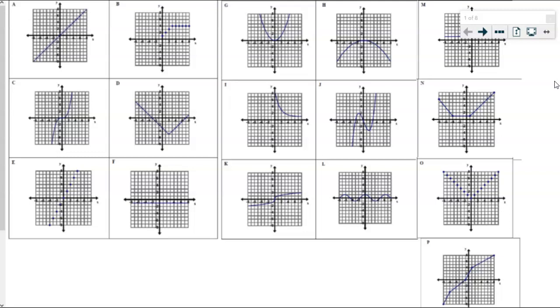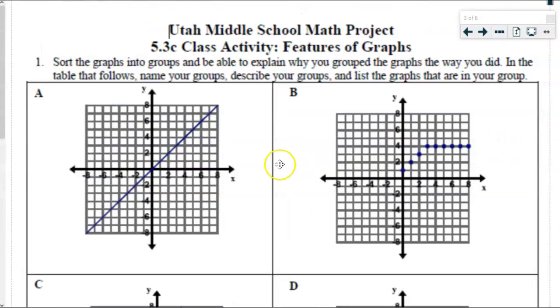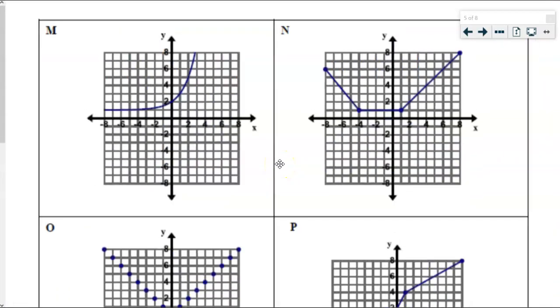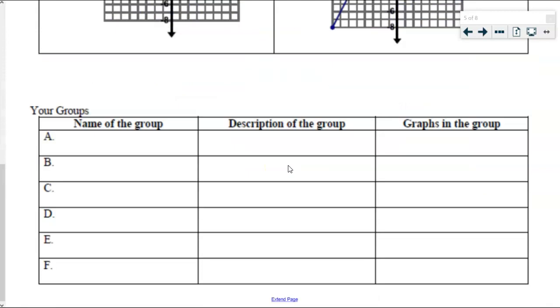I'll wait. You might have 2 groups, you might have 10 groups. That is up to you and your group, how you decide to sort them. Once you have them sorted into categories, skipping ahead to that third page, you're going to see down here a place where you can write down and name what you categorized them as.